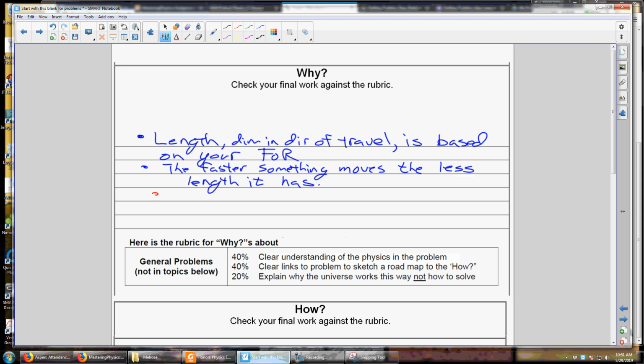And then our good old speed of light is constant in all frames of reference. Yay! Agree? Disagree? Did I miss anything?